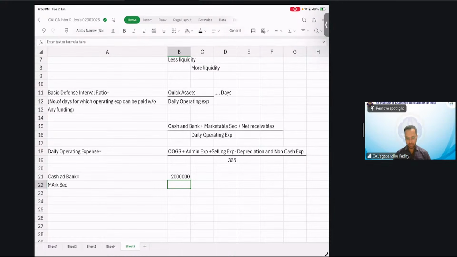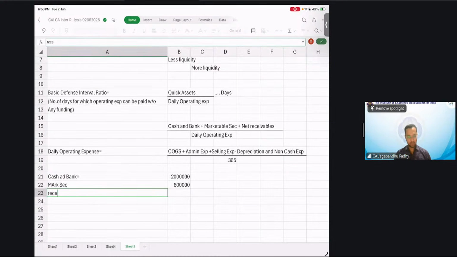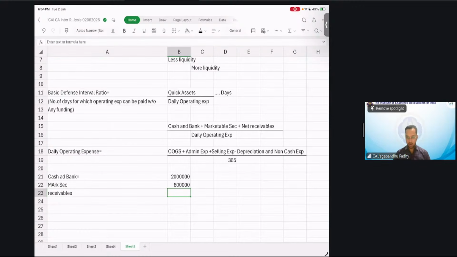Marketable securities is 8 lakhs. Receivables are 70,000. Sorry, receivables is 14 lakhs.